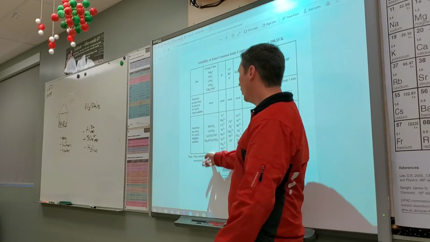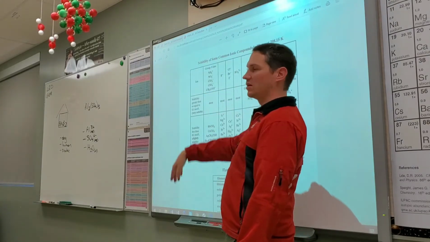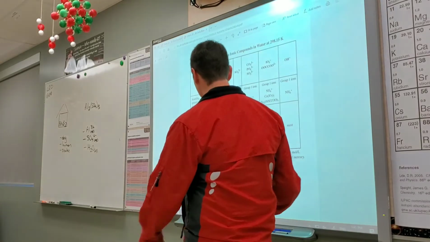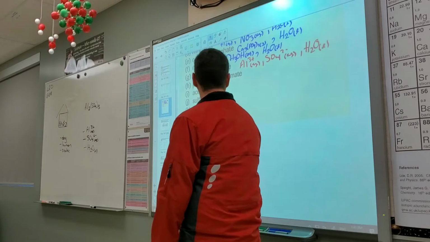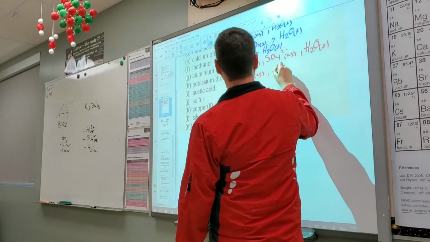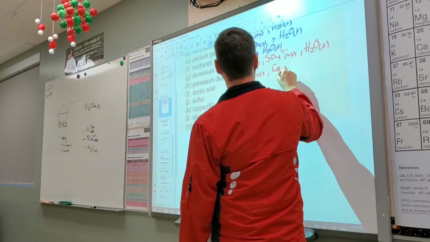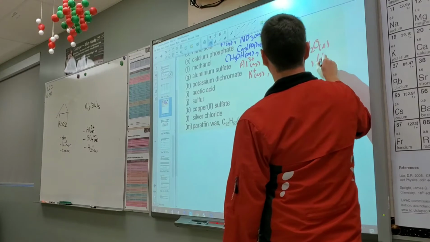Doesn't matter. If it's a group 1 ion, it's always soluble. So potassium dichromate will split up. We're going to have potassium ions, dichromate ions, Cr2O7 2 minus, and water.